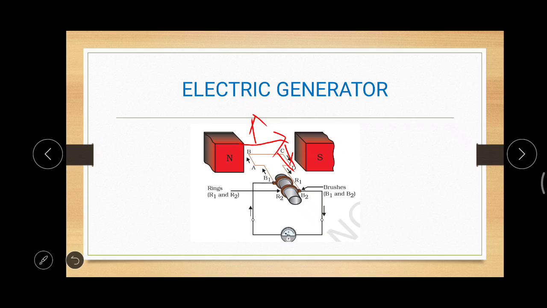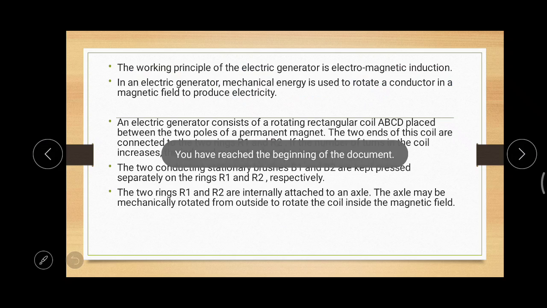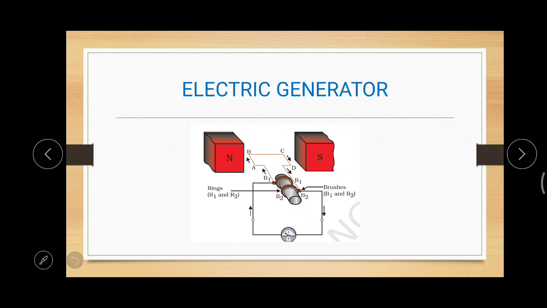Okay. So the direction of current is continuous. So in AB it is A to B, and in CD it is C to D. That means in the entire coil the direction of the current is A, B, C, D. And A is connected with B1, and D is connected with B2. So as the current comes from A, B, C, D, then again it is moving towards B2.